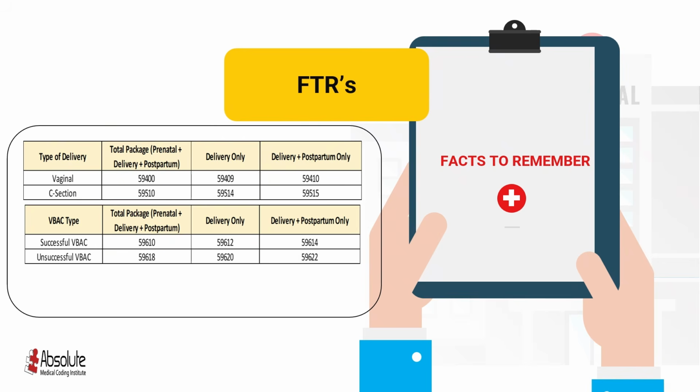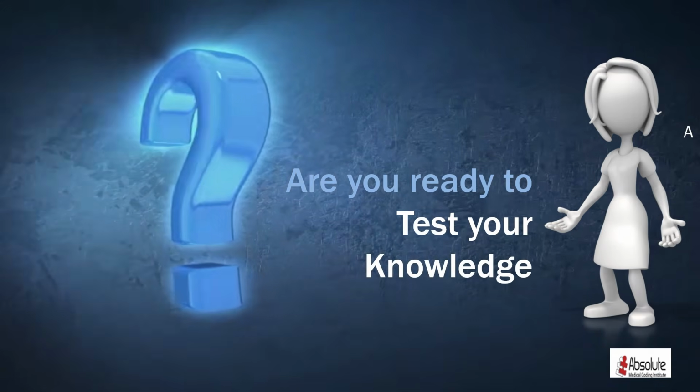And we also have codes 59425 for antepartum care only for 4 to 6 visits, and 59426 for antepartum care only 7 or more visits. And if we have an antepartum care for 1 to 3 visits, you have to assign the E&M codes. And finally, CPT code 59430 for postpartum care only. So coders, make sure you know these FDRs.